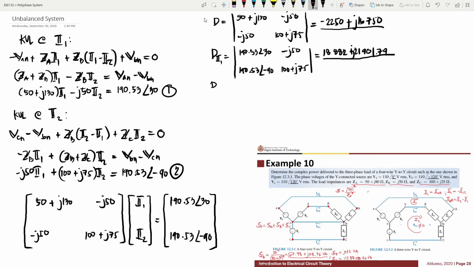And for D sub I2, we have 50 plus j130, 190.53 angle 30, negative j50, and 190.53 angle negative 90. We have 20,005.5 plus j1276.31.